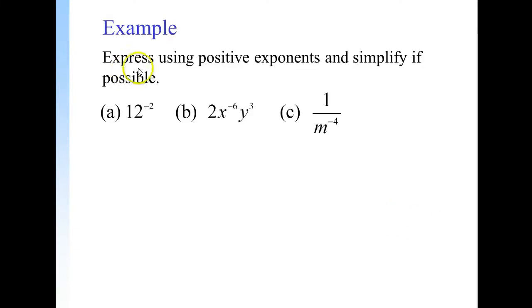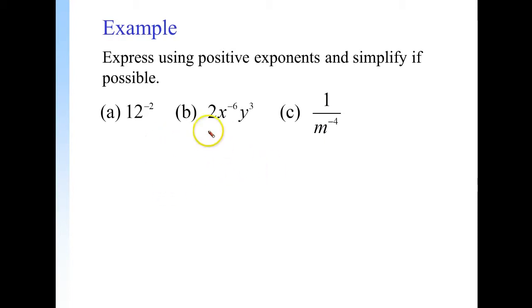Okay, here they want you to express using positive exponents only and simplify if possible. So as we look at letter A here, see if I can get a pen in action.